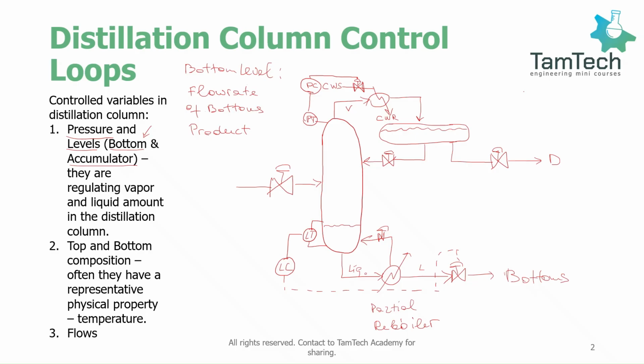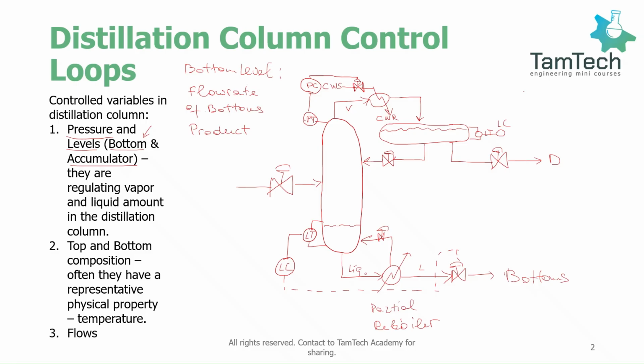We don't want that, and in order to avoid this problem, we keep some amount of level here. If we look at the control of this, we have an LT here and it is connected to a level controller, and basically a very similar case can also be applied here.